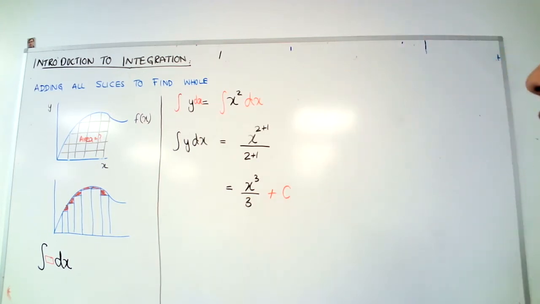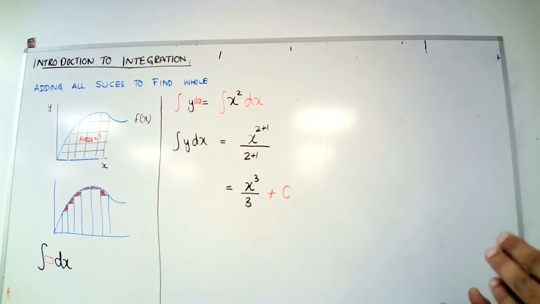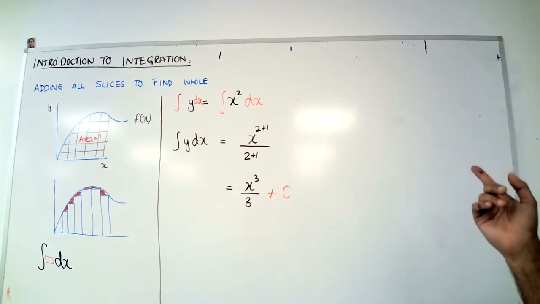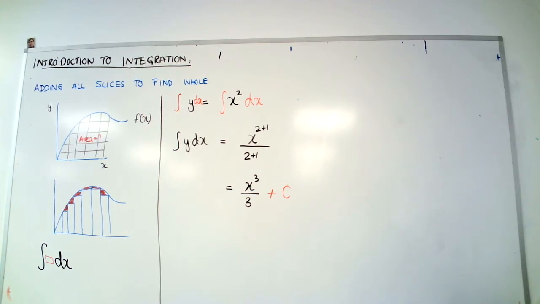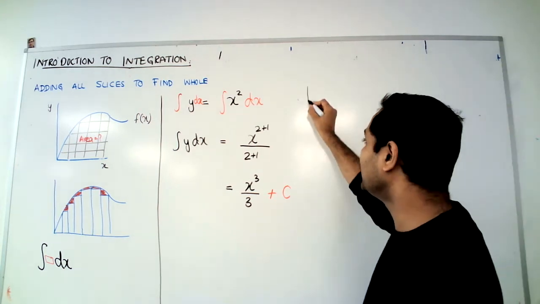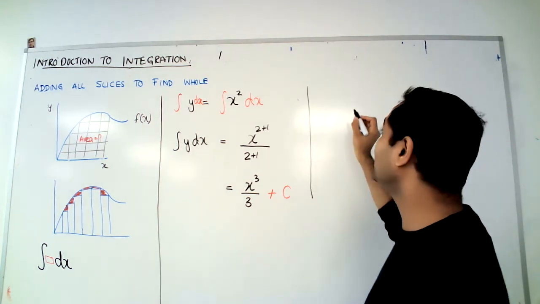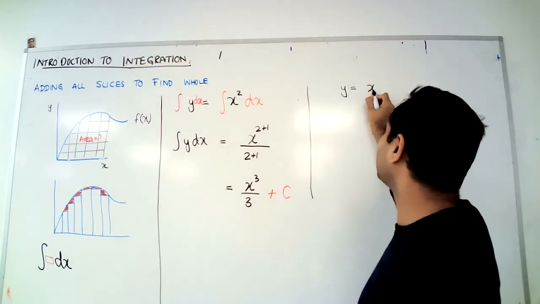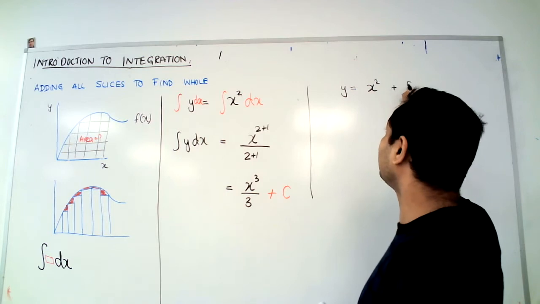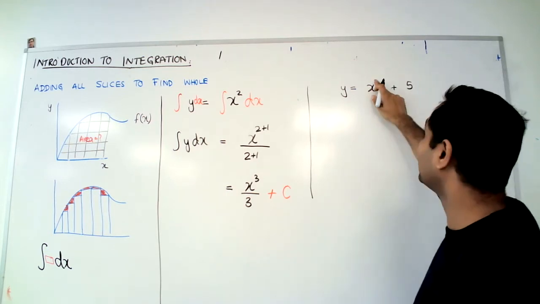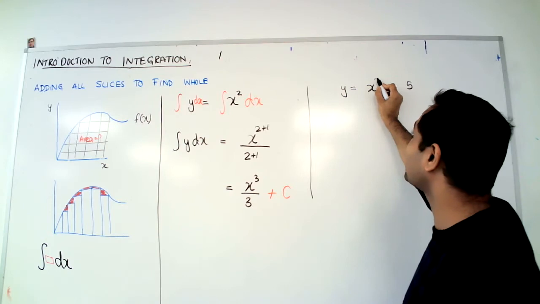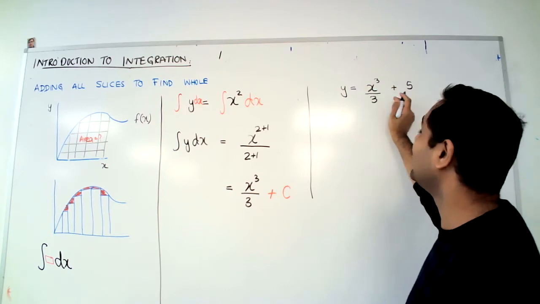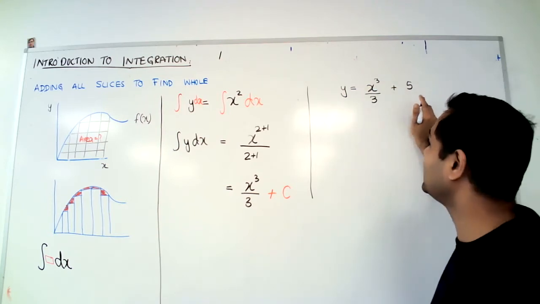Now, where does this constant of integration come from? Remember, integration and differentiation are vice versa. The reason this constant appears is because, let's say, I want to differentiate this thing, not integrate. Let's take x cubed over 3 plus 5, and differentiate it.